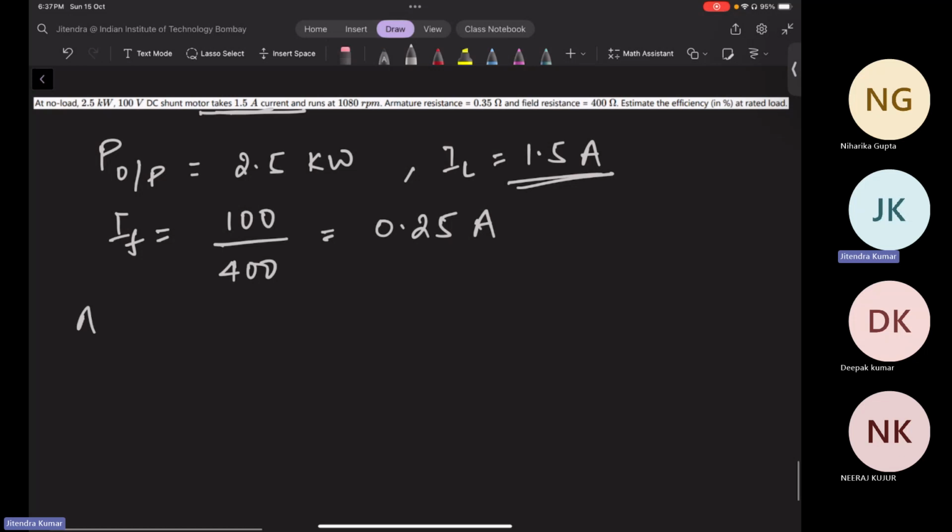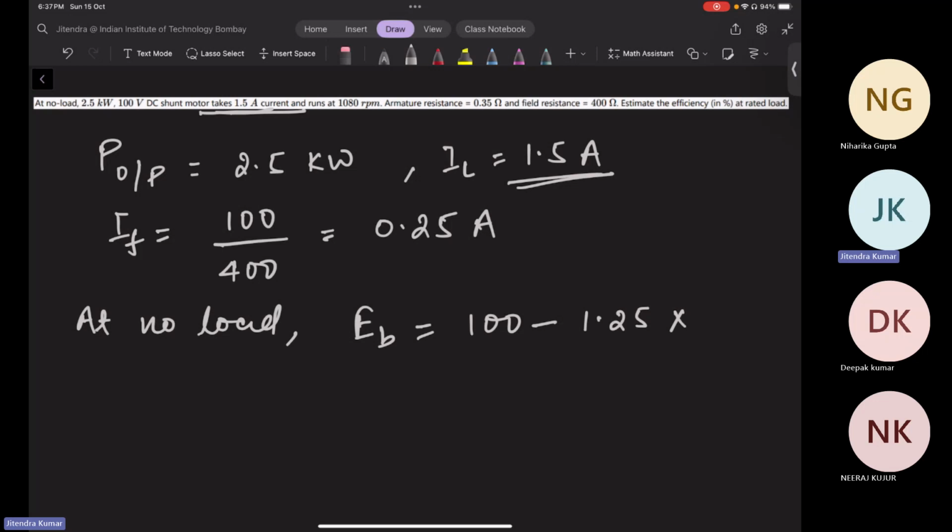So at no load, EB will be equal to VT, 100, minus IA into RA. IA will be 1.5 minus 0.25, so 1.25 into RA, 0.35. It will be equal to 99.56 volt.